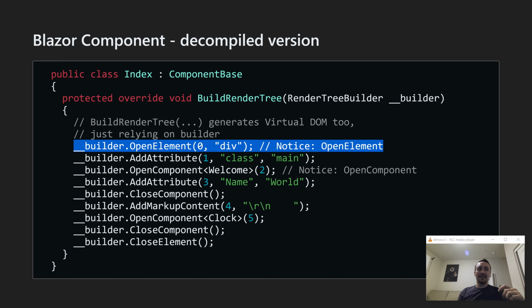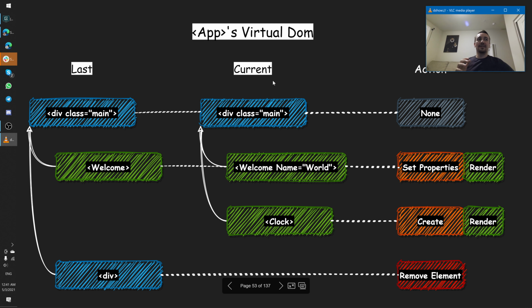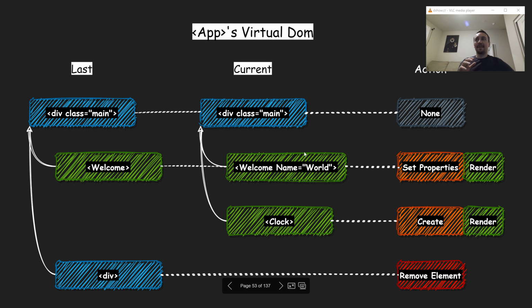Now, what's the comparison of virtual DOM? Well, basically the whole purpose of virtual DOM is to be compared with the previous virtual DOM for the same component. Let's say this is the previous virtual DOM for the same component, and this is the current one, the one that was just rendered, right? When they are compared, Blazor and React behave similarly. If there is a difference in an HTML element, these changes are applied to the actual, regular DOM.